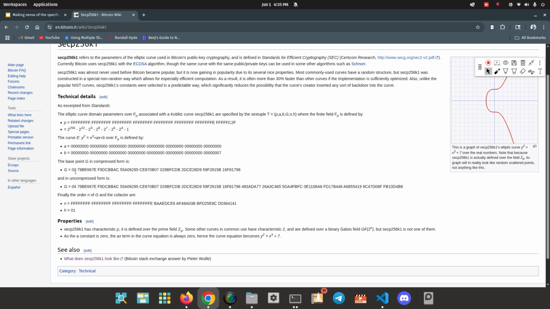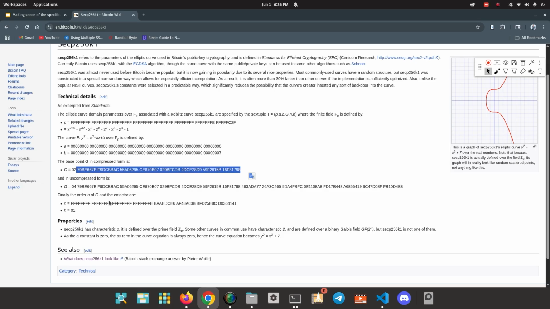This is a compressed representation. This is the x-axis value, and the leading byte says 2, which means the y-axis value is an even number. In the compressed form here you have 32 bytes.